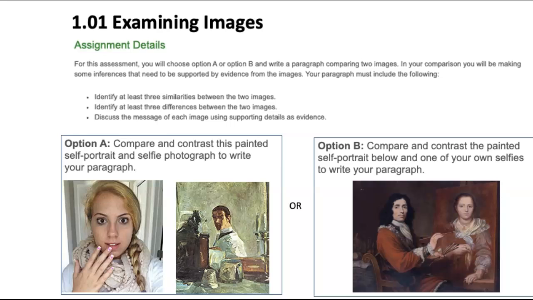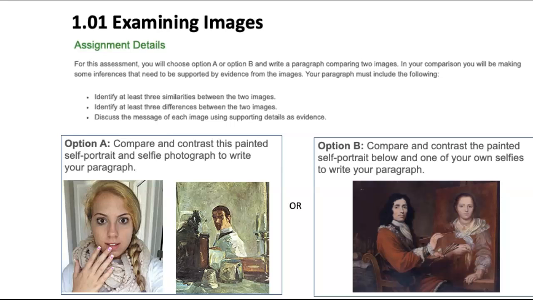So let's look at your assignment details. For this assessment, you need to choose either option A, which you see below on the left, or option B, which you see on the right. In your comparison, you will be making some inferences that need to be supported by evidence from the images.